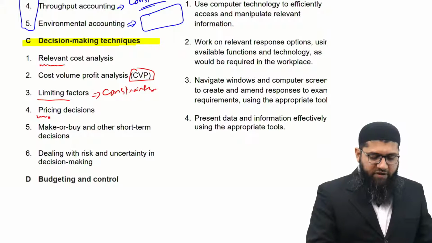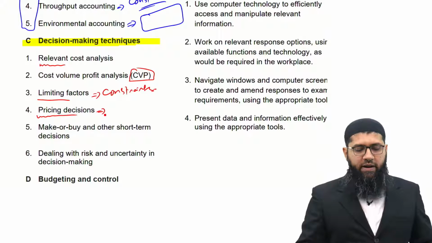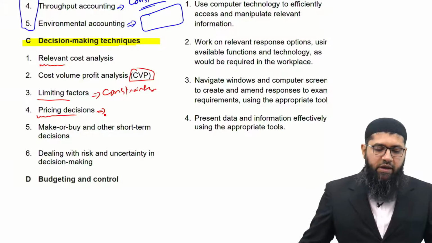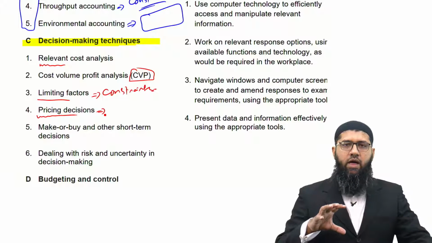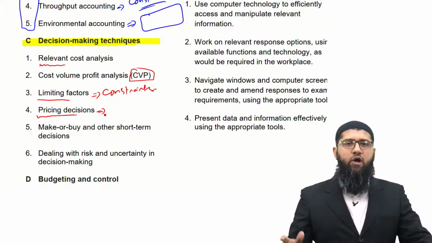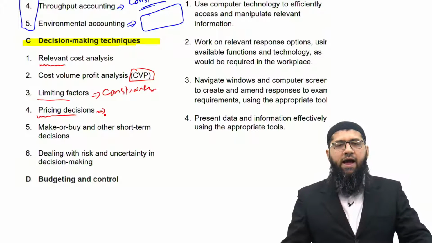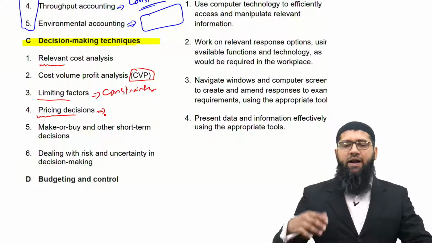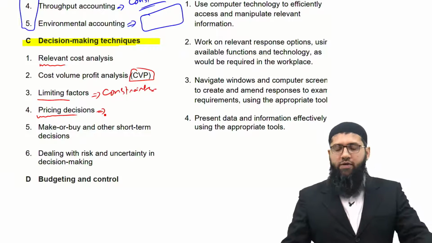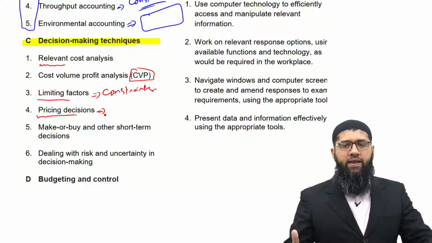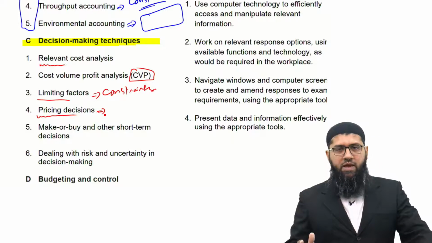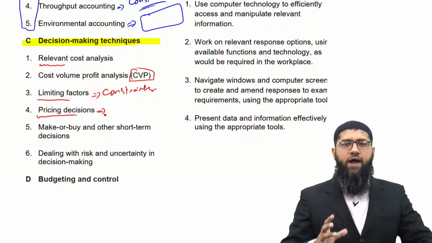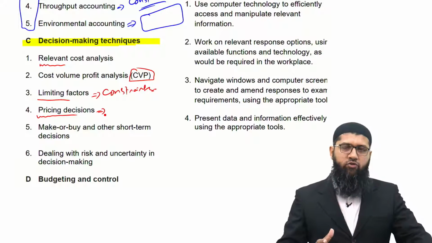Then you've got the pricing decisions. Now a very important aspect for any organization is their pricing decisions. If you as an organization are overly priced, you might lose out market to your competitors. And if you are very much underpriced, you might end up incurring losses. So as an organization, it's a very important area. You should have a very close look at the prices that you charge.